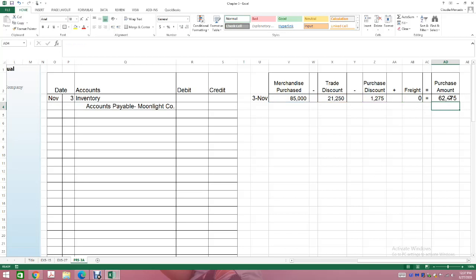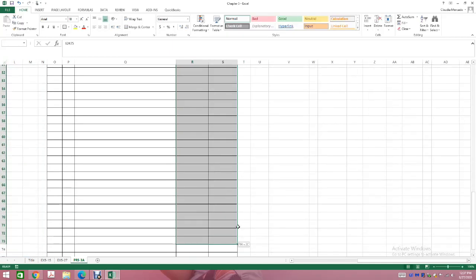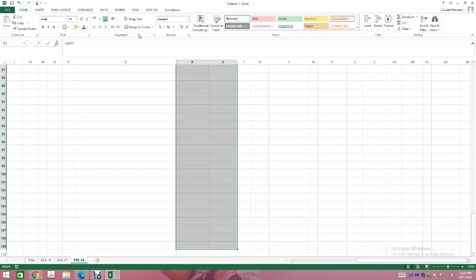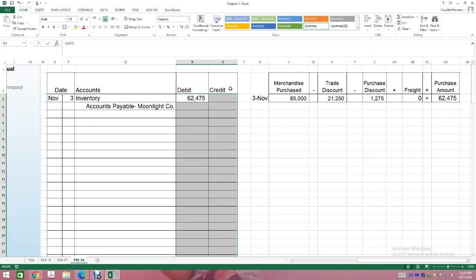That is the purchase price or the purchase amount of those goods that you are buying. It includes the trade discount, it includes the purchase discount, okay? So that is the amount, $62,475. Let me just put commas here. Okay. So that's how we get the 62,475.